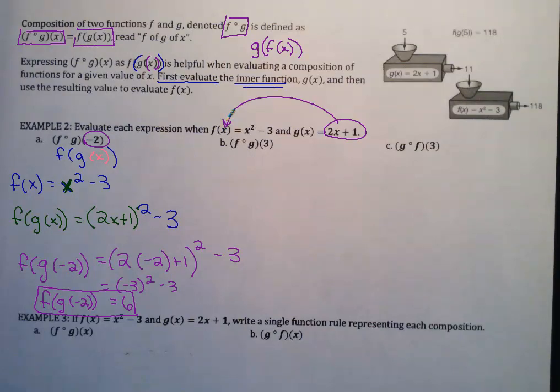Like it talks about at the beginning, we can use these to create models in science, engineering, technology, economics. So say you run a business, and g of x is the number of games that you sell on your Amazon store.